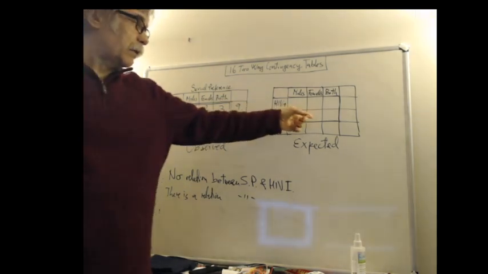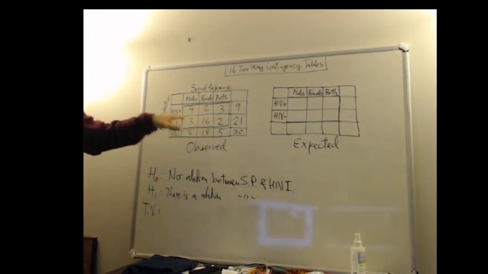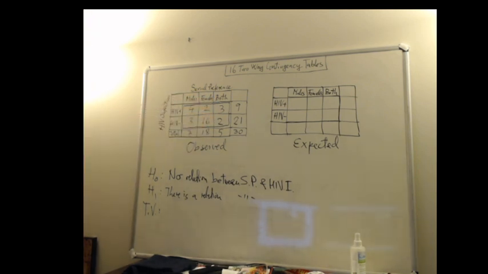That's for this cell, and then you have to do it for each of the other cells, and you're going to have 6 of them. Add it up. This is going to be a chi-square random variable with 2 degrees of freedom.